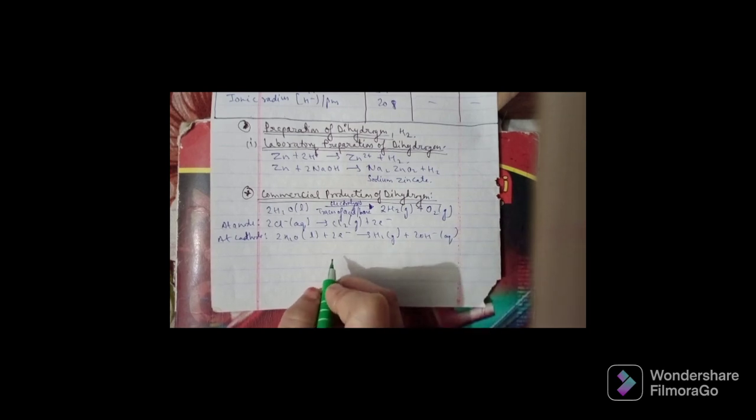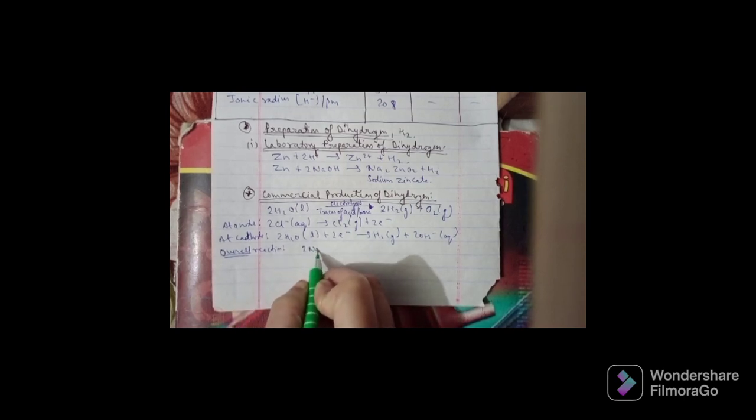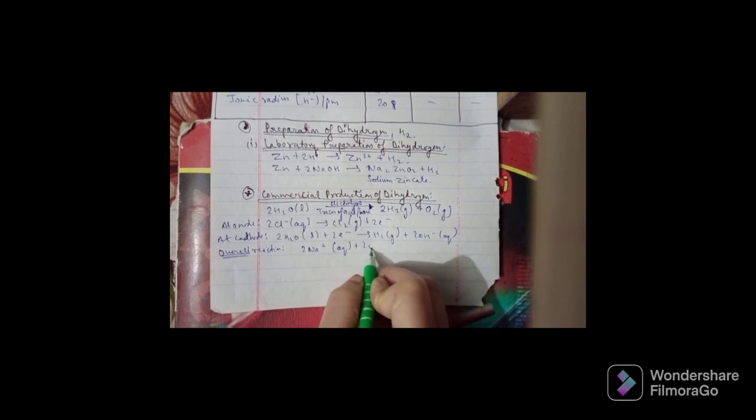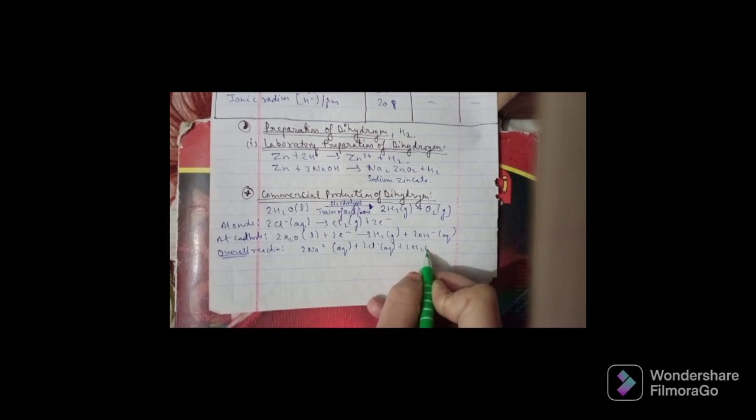The overall reaction will be 2Na plus aqueous plus 2Cl minus aqueous plus 2H2O liquid.